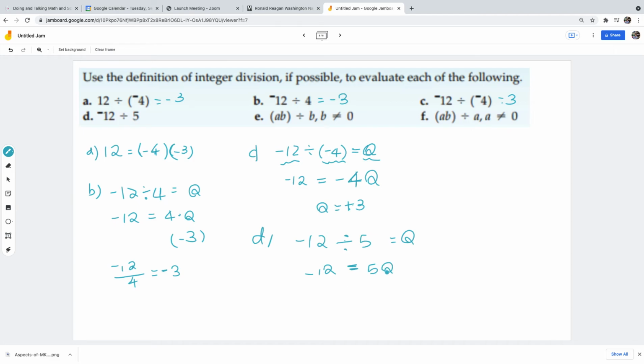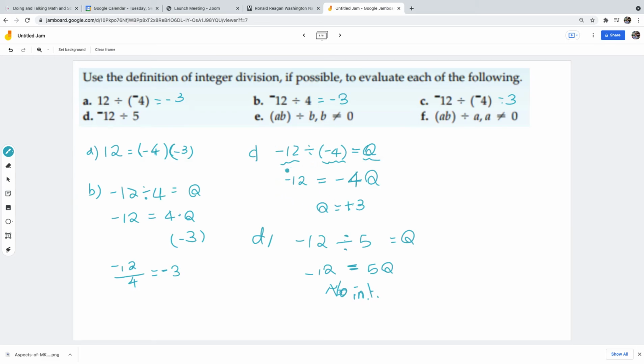No integer does. So there's no integer to make this statement true in the integers, right?